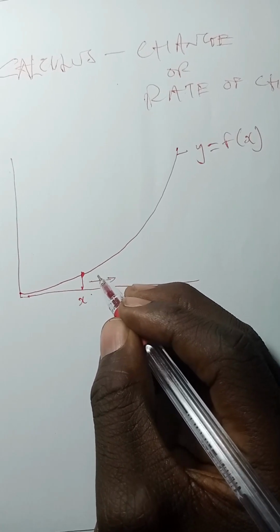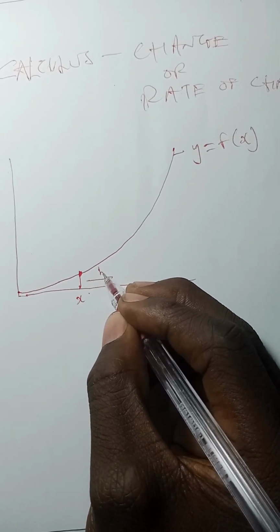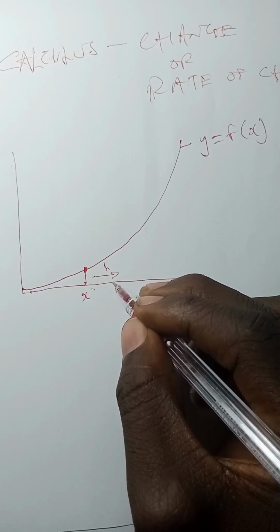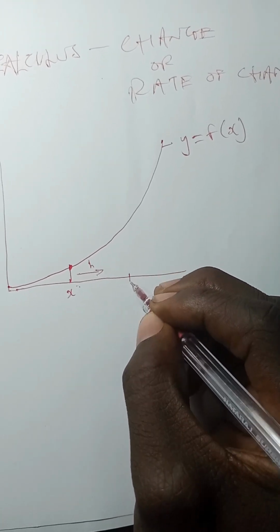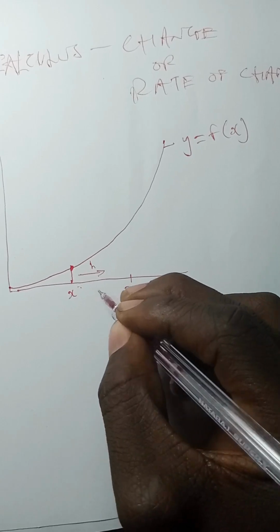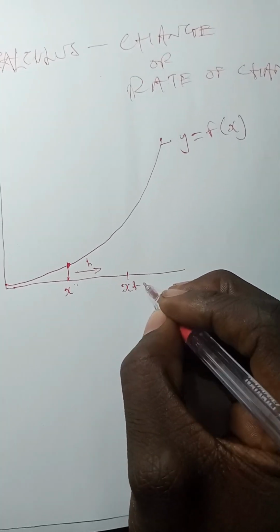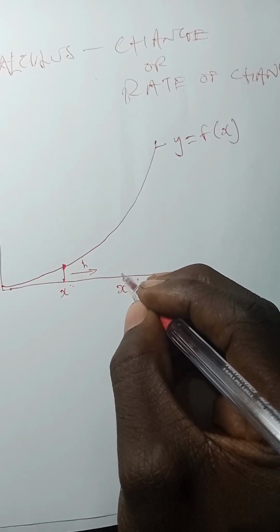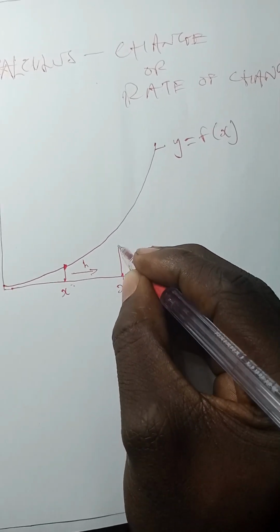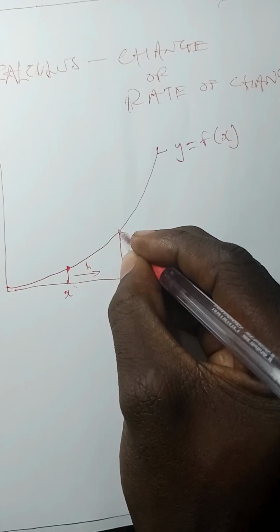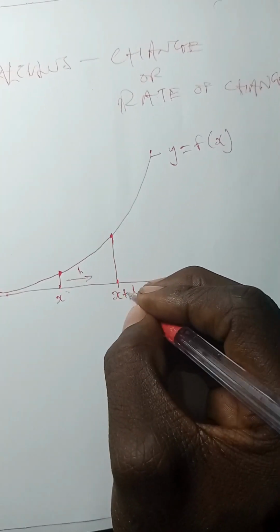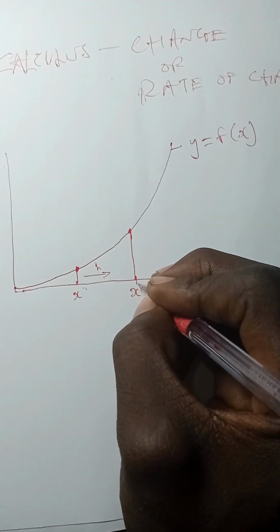So let's say we are increasing by the value of h. Meaning our new x value this side is going to be x plus h. That is on the x coordinate part.